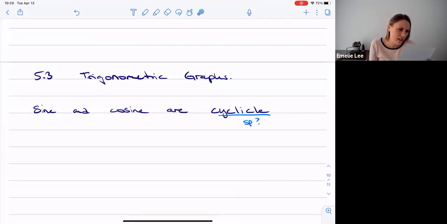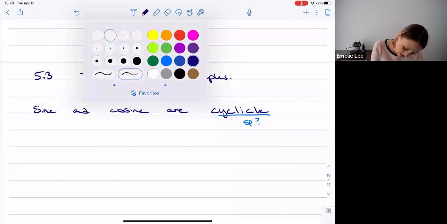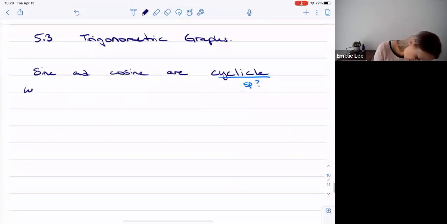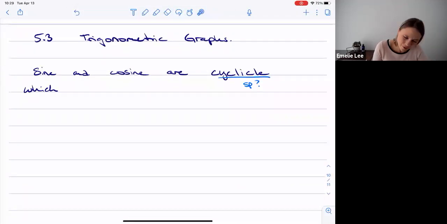It's bad. So cyclical functions, all that really means is that they're going to repeat themselves. Before I post the notes, I'm going to go back and change this so I spell it properly. In fact, how about I look it up right now? Cyclical.